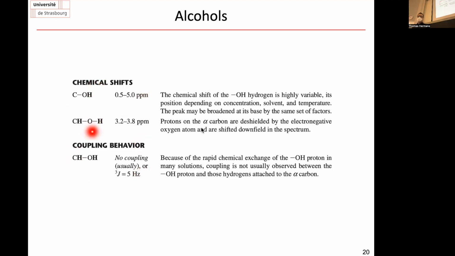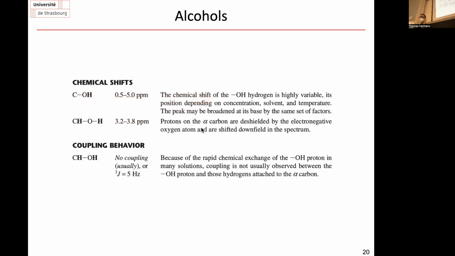So alcohols. Alcohols are a bit funny, okay? Typically they don't give coupling. So if you have an alcohol next to a CH, no coupling. And secondly, the peak can actually shift again.